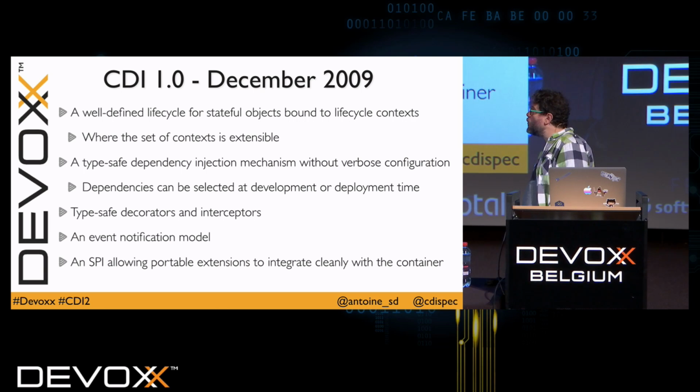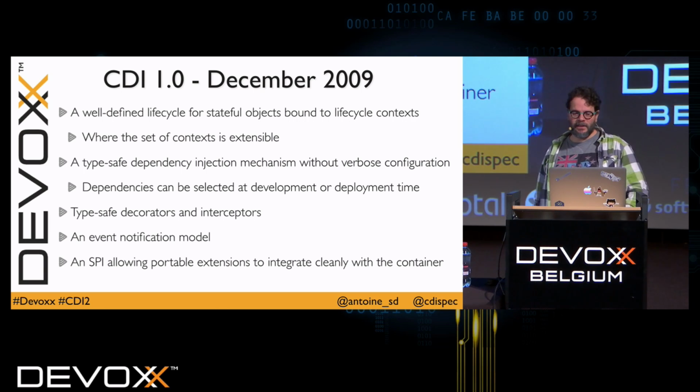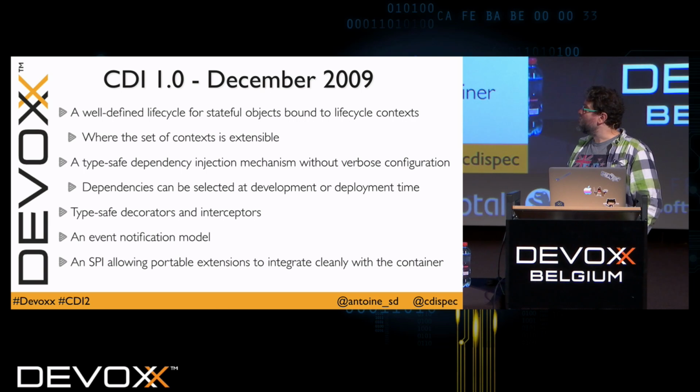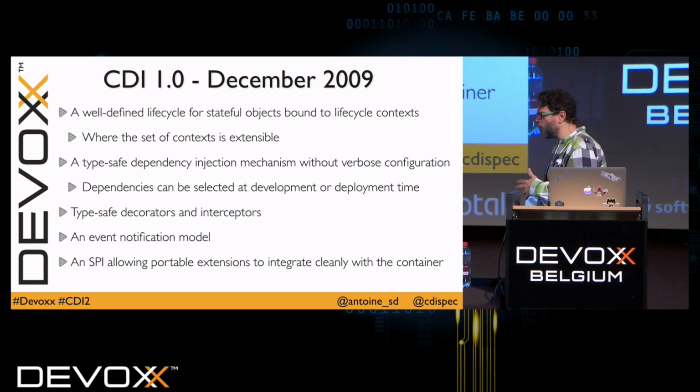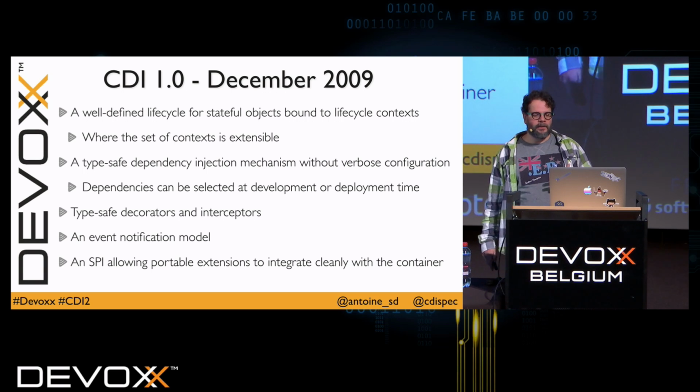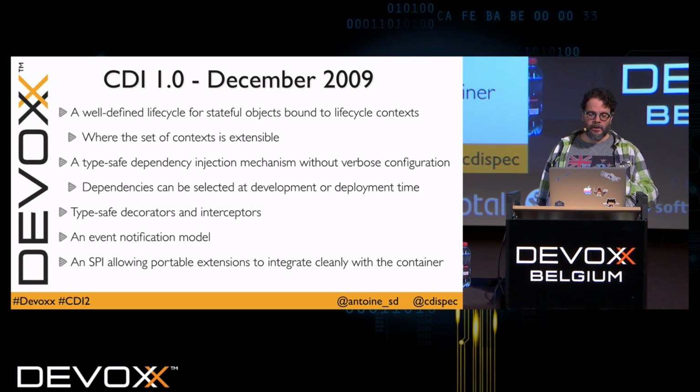That is probably one of the most important features in the spec, and it's a pity that we didn't put something in the name to tell that it's a way to enhance the Java EE platform and to integrate a third-party framework or other specs into the CDI programming model.